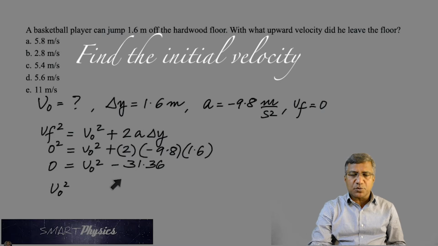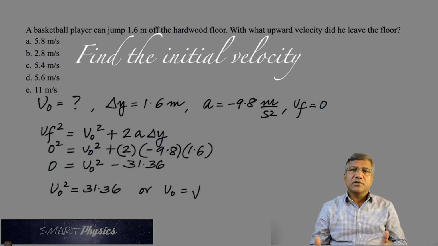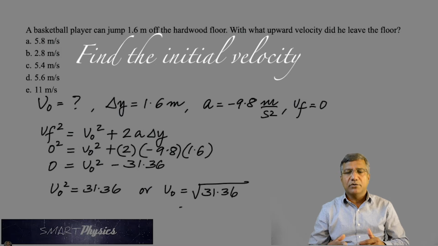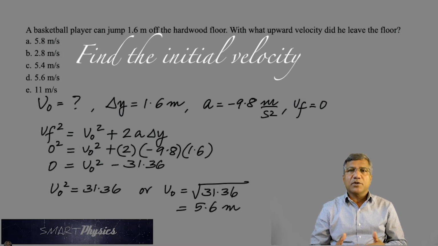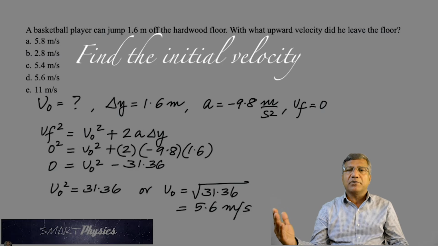Then you switch this negative to the other side, it becomes positive. So V0 squared is 31.36, or you take the square root of 31.36 to get V0 as 5.6 meter per second. So the basketball player launched himself up at that initial velocity.